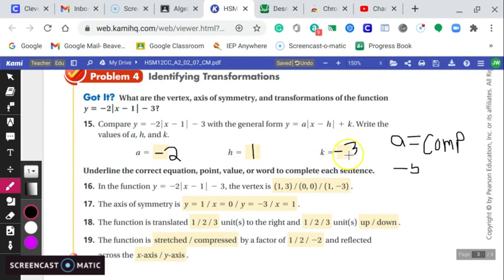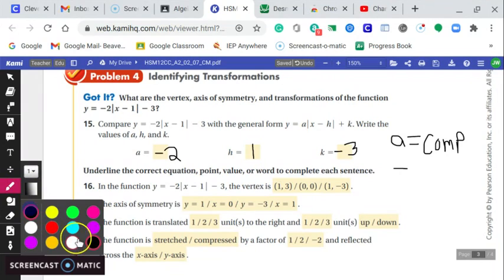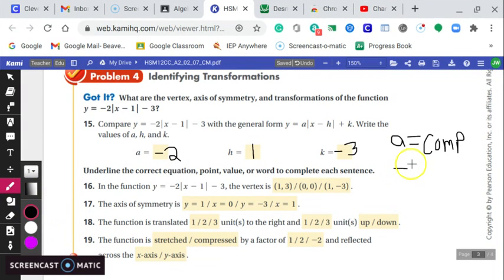So let's take the eraser here, see if this works. There we go. Negative H, that equals your X. And your Y is going to be this K right here.